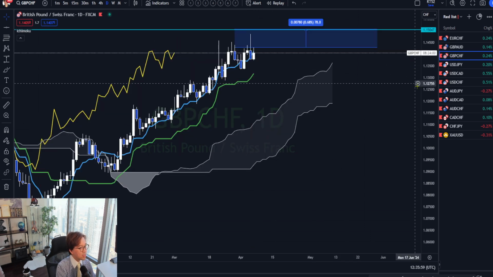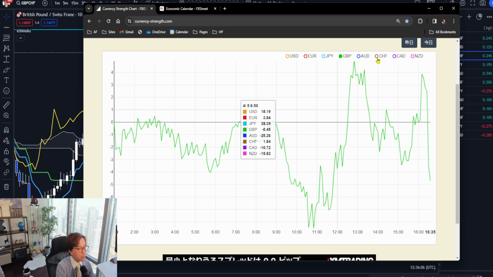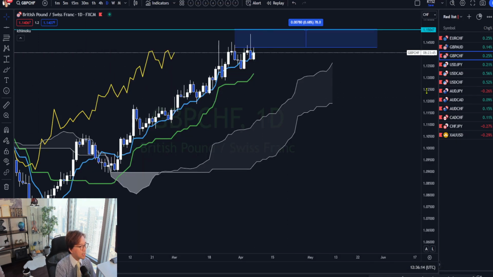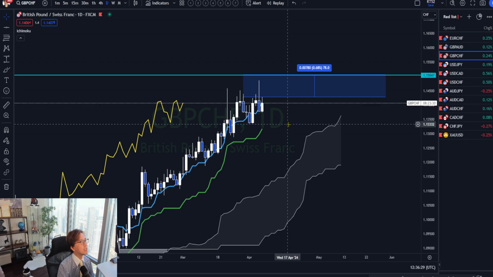So next is pound Swiss franc. On the pound Swiss franc pair, pound was sold and Swiss franc was sold also. So that means pound Swiss franc is now consolidating. In fact, today is bullish. I was expecting the price to go up and eventually break the resistance, but the news did not really fuel the market to go up.